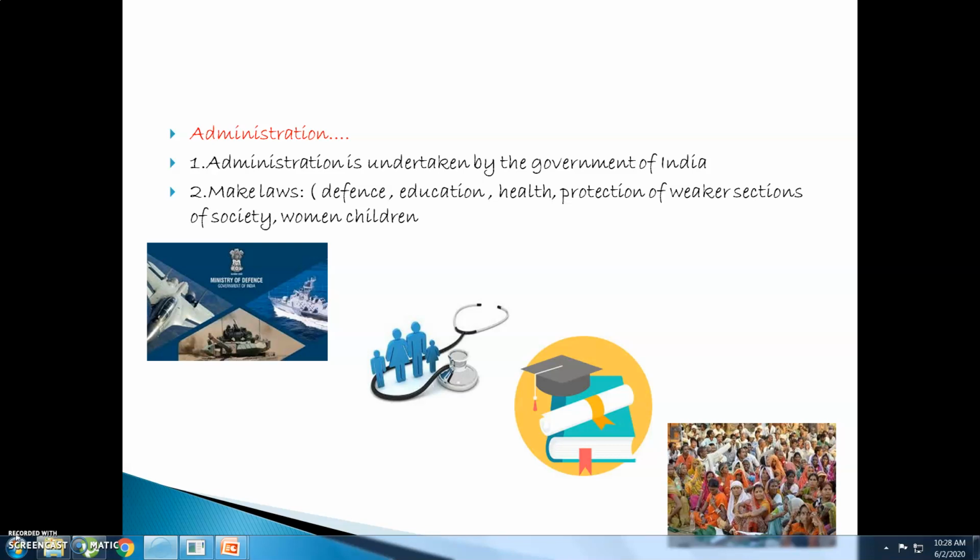Protection from external aggression, eradication of poverty. Poverty stands for poorness. People who are extremely poor, who can't afford their daily food, are termed as poverty.